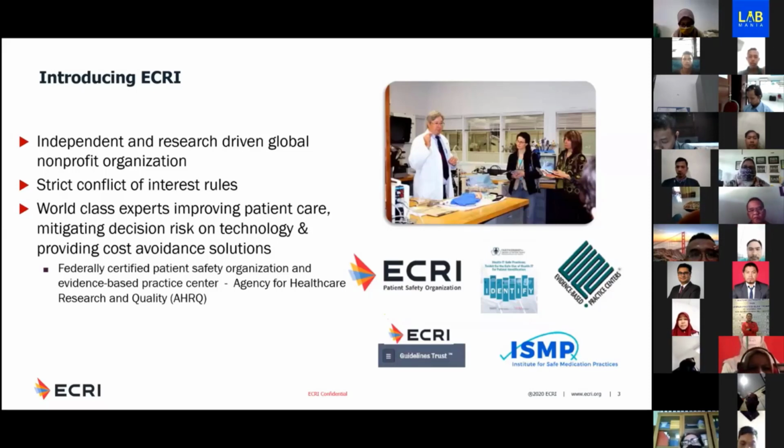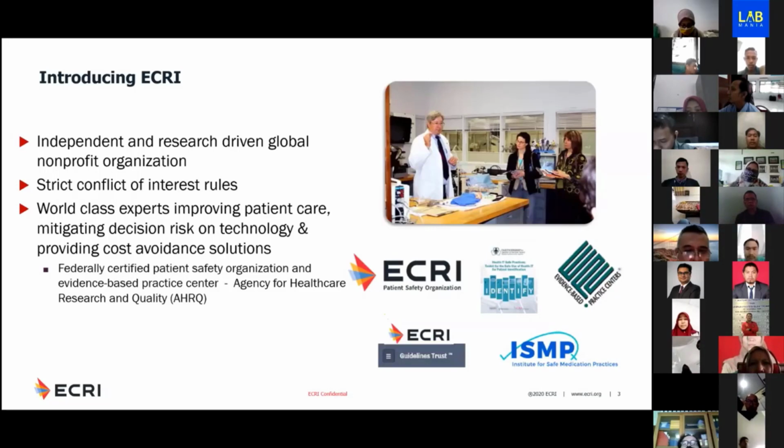Okay, and semasa kita membuat evaluation ni, we have very strict conflict of interest. Jadi kita tak dapat sponsorship or funding from manufacturer, tapi sebaliknya buat research and development ni untuk memanfaatkan hospital, our various member hospitals that subscribe to our publication.